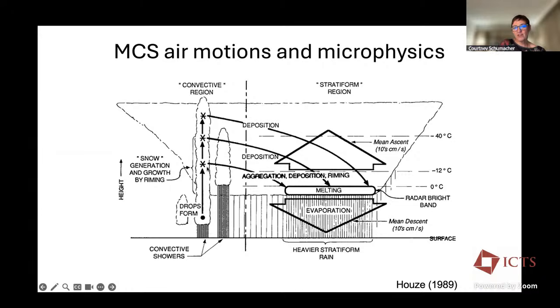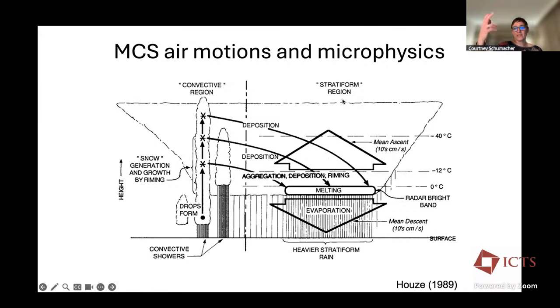But there are also gravity waves that are forced, that are causing more upward than downward motion in here. And then you start getting the depositional processes, which add extra latent heating, right? So things aren't just falling. You have gravity waves forcing things up, creating latent heating. And so then it's a self-sustaining process where the heating is causing growth.